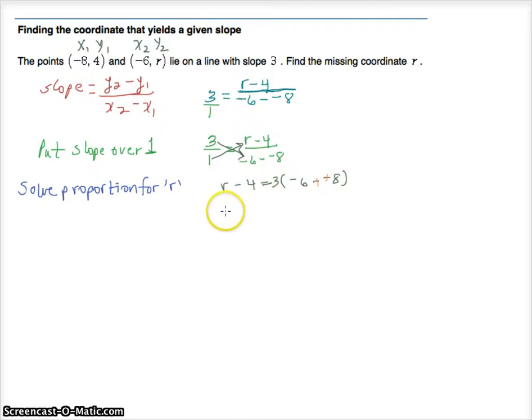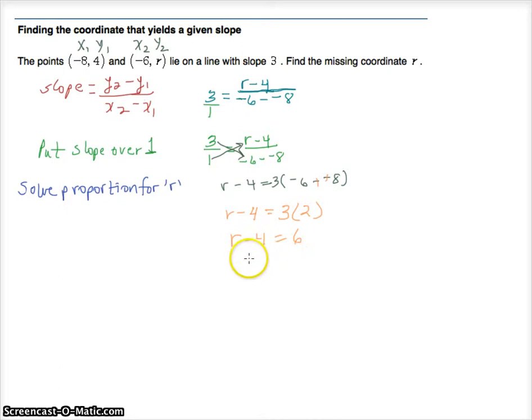So now I will get r minus 4 equals 3 times -6 plus 8, which is 2. So this is r minus 4 equals 6.